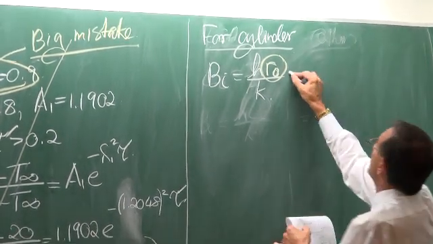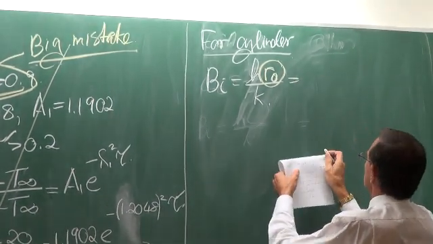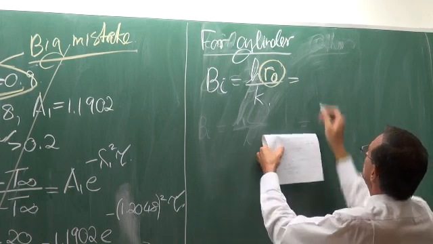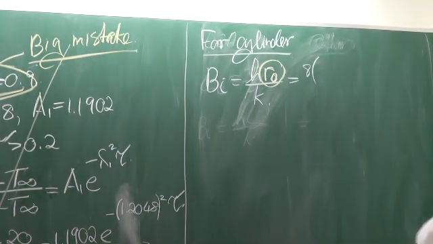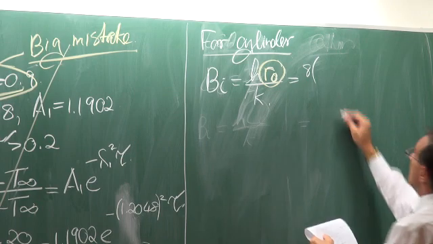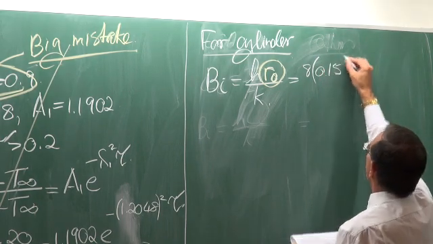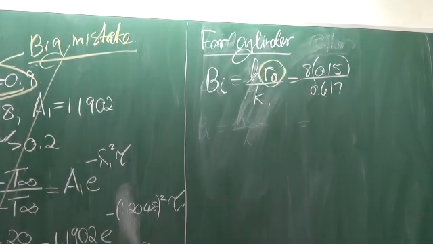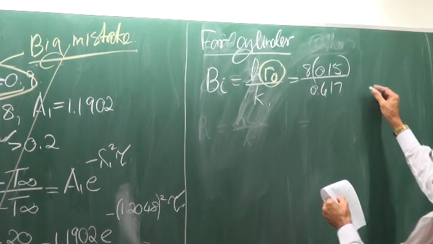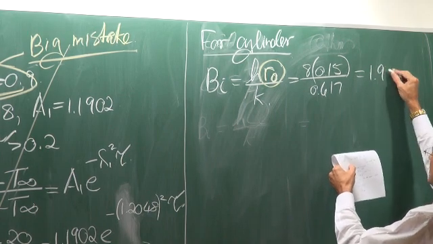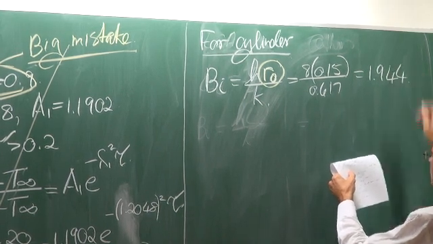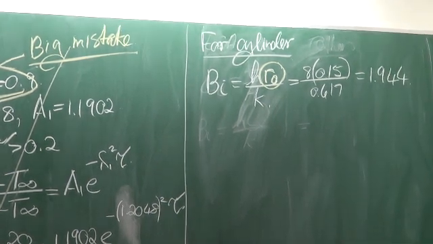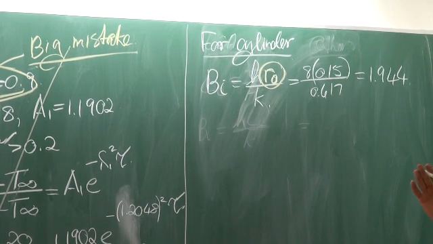So, if we now repeat this problem and do the calculation, then the heat transfer coefficient is 8. The radius is 0.15. The thermal conductivity of water is 0.167. And now the Biot number is 1.944. Much different than previously.